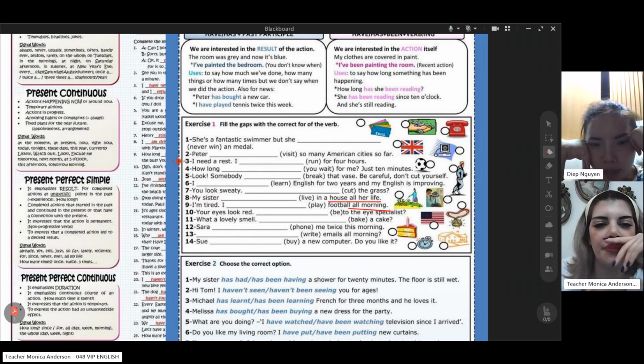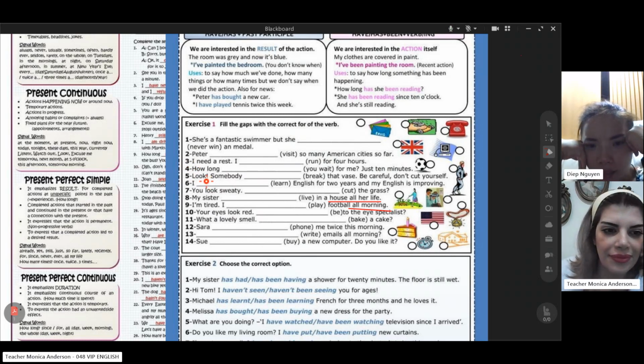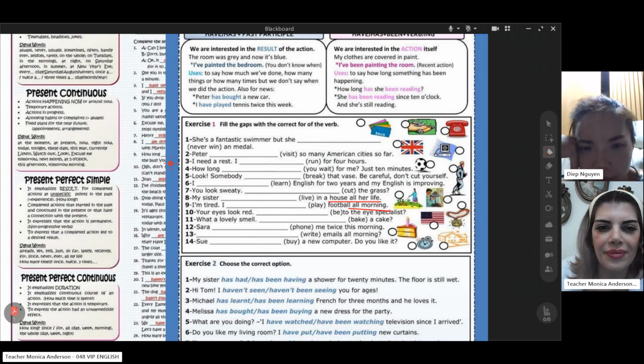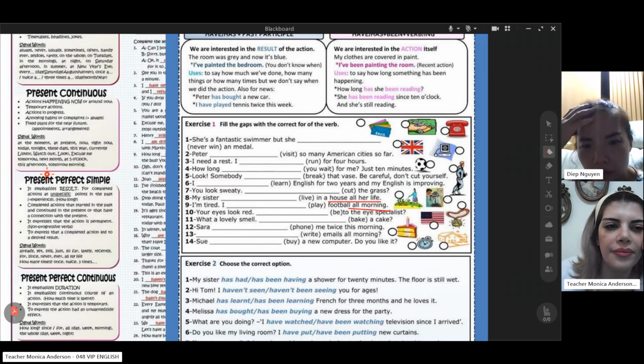What a lovely smell. Has baked. No, has... I don't know. What a lovely smell. Has bakes a cake.